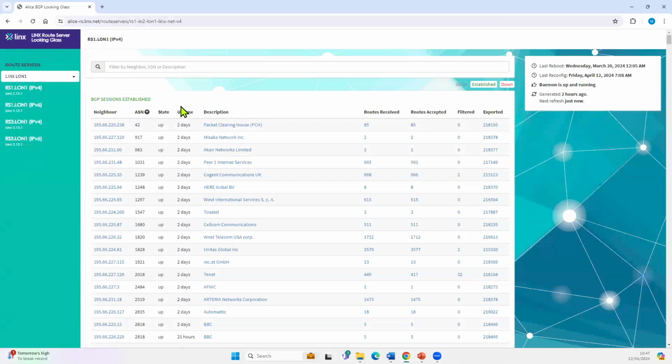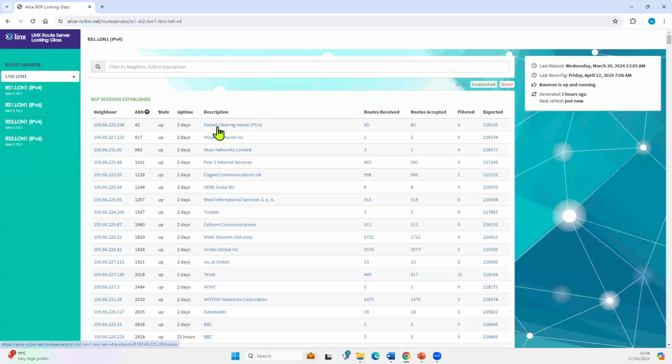And here we can see a number of these autonomous systems: 42, 917, 983, etc. And the ISP or organization that those autonomous systems belong to, and the IP address of the router that's sending out routes from these different autonomous systems.